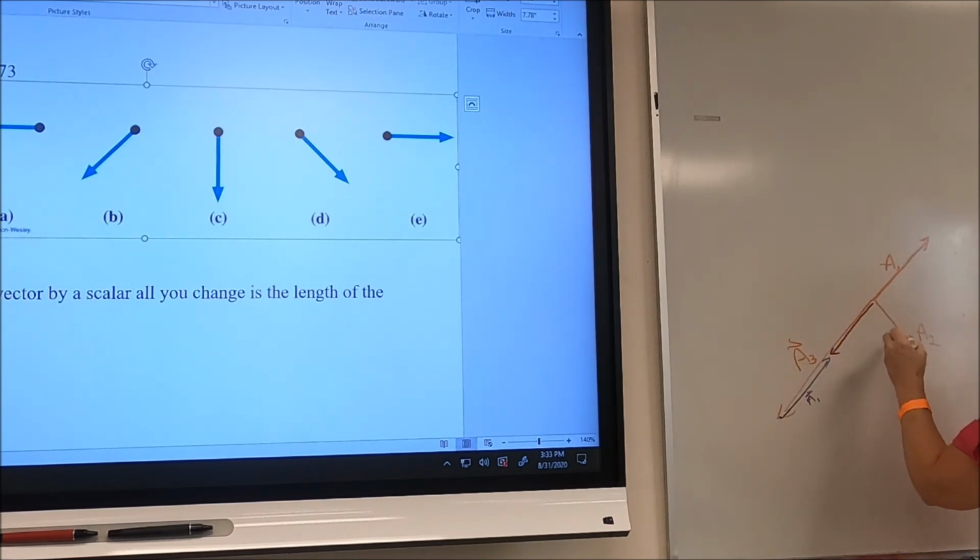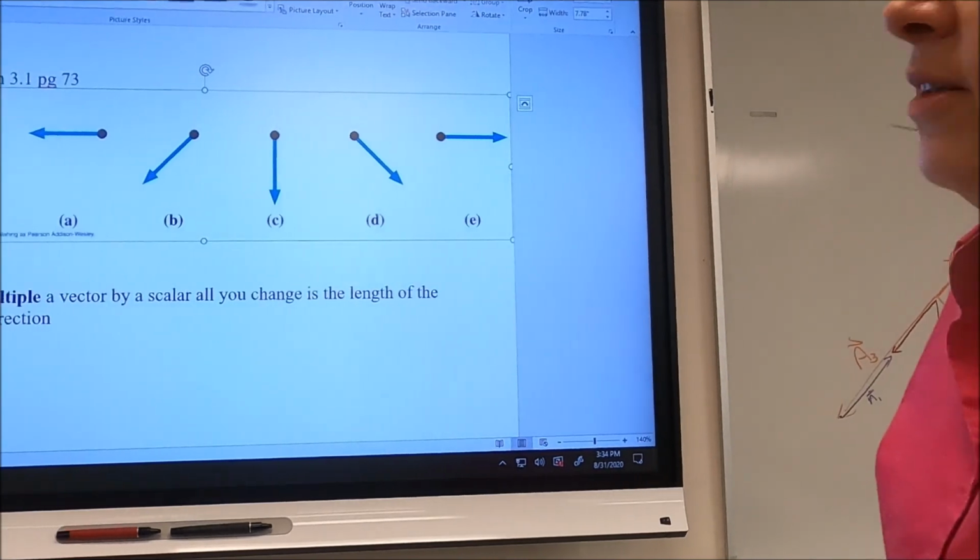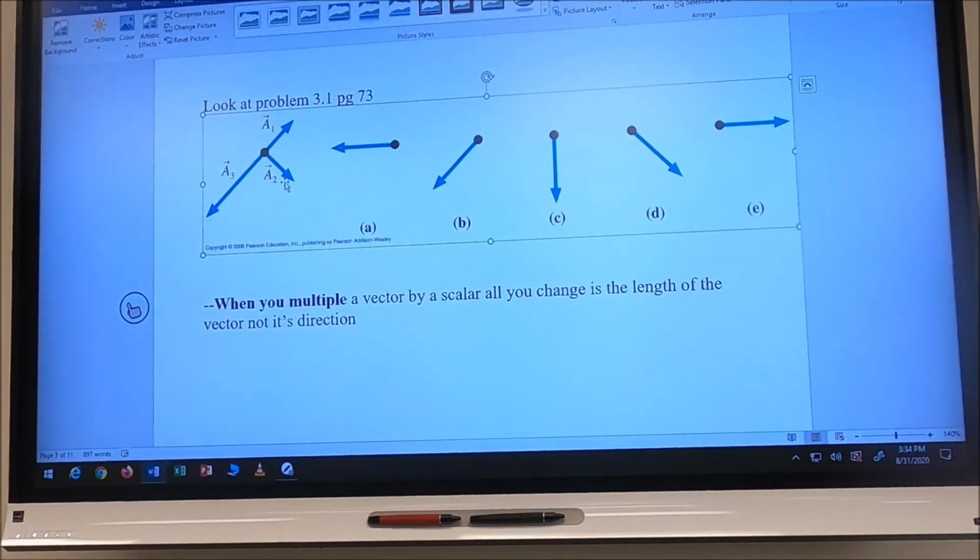If I take this vector and add it together, just move this down to here, and this is the total sum vector. All right? So, the tip to tail method. Now, let's get back on the main screen.